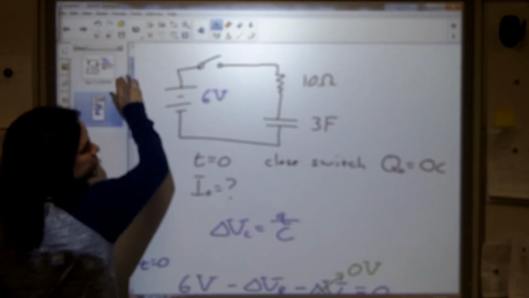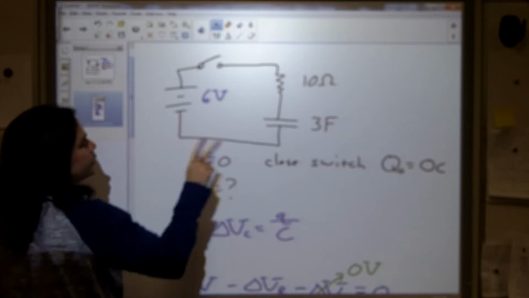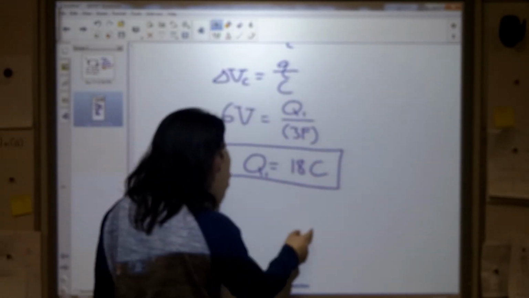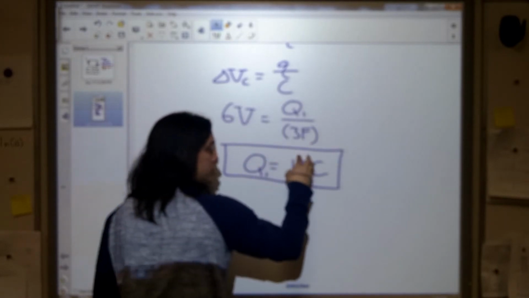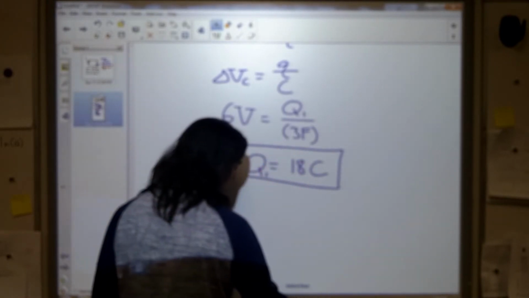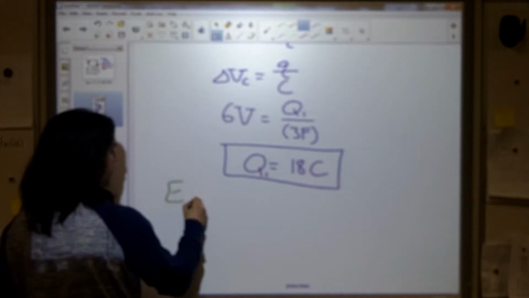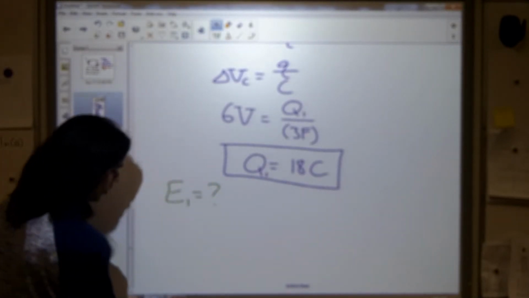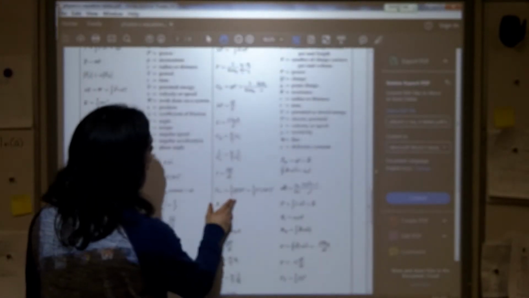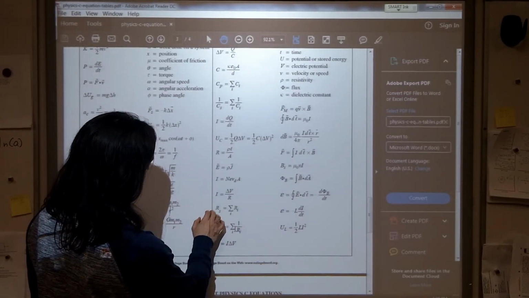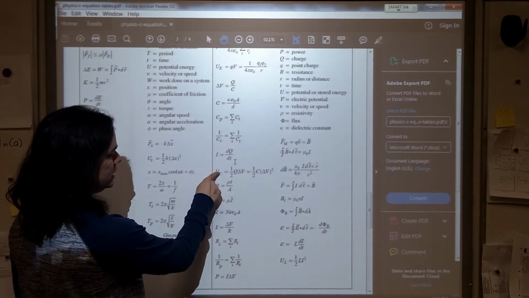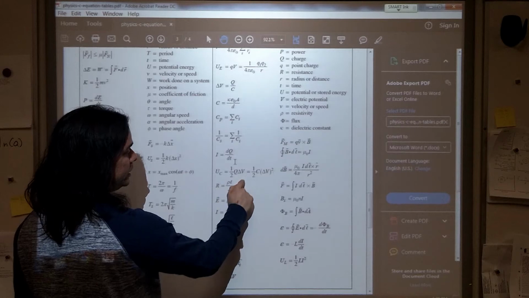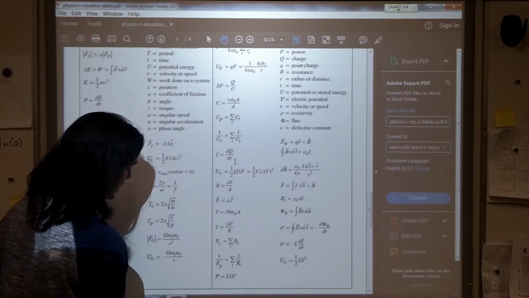Now, what type of other questions can I ask? There are 2 other things that I'd like to take a look at. One is, I mentioned that a capacitor stores charge and energy. So now I'd like to know how much energy is stored on the capacitor at the very end. For that, we're going to need yet another equation, but on our equation sheet, here it is, U sub C. The potential energy stored in a capacitor is 1/2 Q delta V, or 1/2 C delta V squared.